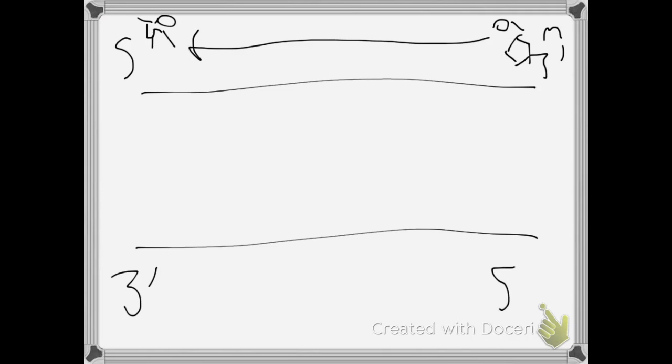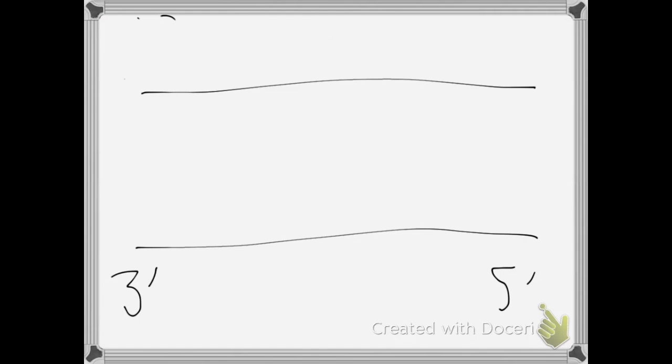Now again, these are parent strands. So we have to take these parent strands and add nucleotides only in the 5' to 3' direction. So let's say we're opening up this way. Boom, we're opening up that way, and let's work through that. My new daughter strands are going to be 5' to 3'.